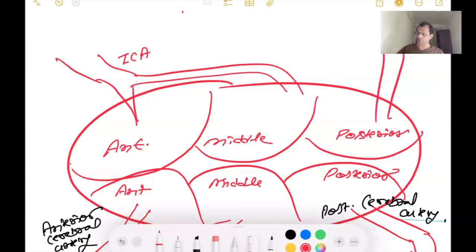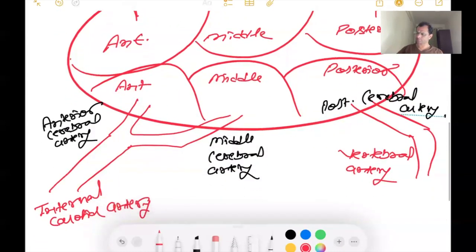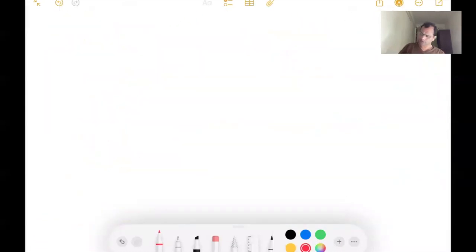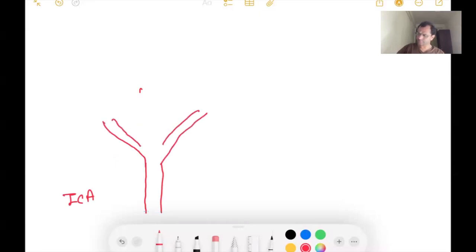So let's try to make it again in a simple way. This is the internal carotid artery. The internal carotid artery divides into two branches. Branch one is called the anterior cerebral artery. The second branch is the middle cerebral artery.